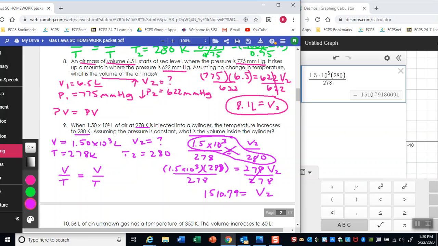So I want to have 3 significant digits. So this would be 1.51 times 10 to the third, right? And that would be my new volume. So it went up just like the temperature went up just a tiny bit, and so the volume went up just a tiny bit. All right.